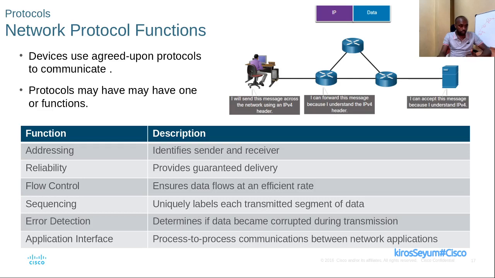Network protocols have implications for addressing, reliability, flow control, sequencing, order of delivery of packets, and error detection, because that is critical. If there is some error, what do you do? Are you going to retransmit or use some error detection techniques?